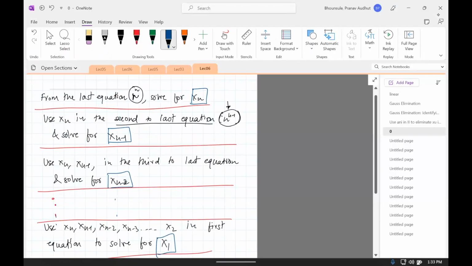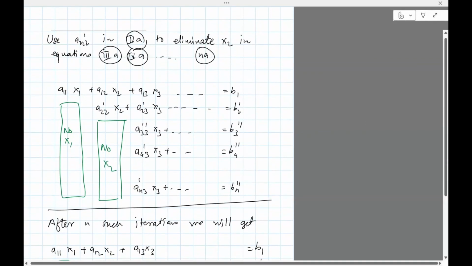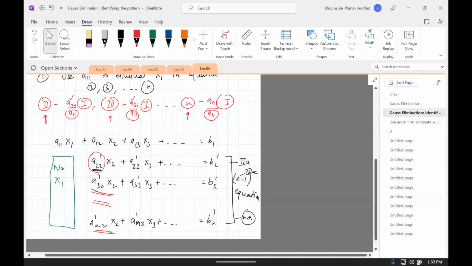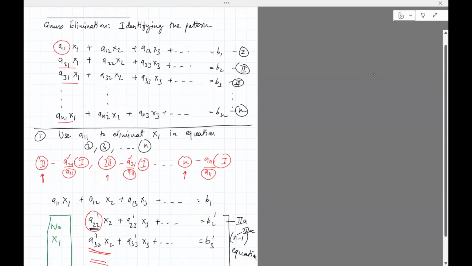One thing I should mention before I go, you'll hear this terminology called a pivot. These are called pivots. This is a pivot. It was used in order to eliminate all the x's.